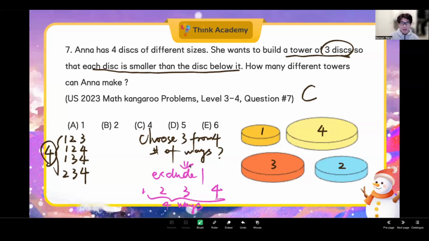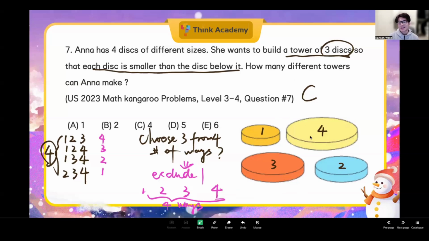In this one, the four got excluded, in this one number three got excluded, in this one number two got excluded, and in this one number one got excluded. So this is another perspective to solve this. If you use this way, if you want to choose 99 from the 100, you're going to have 100 ways, right? Okay.